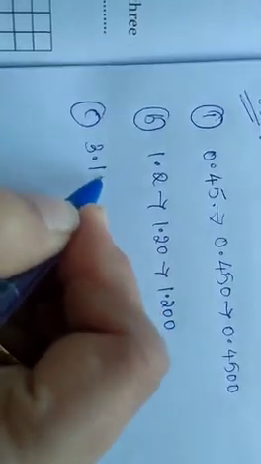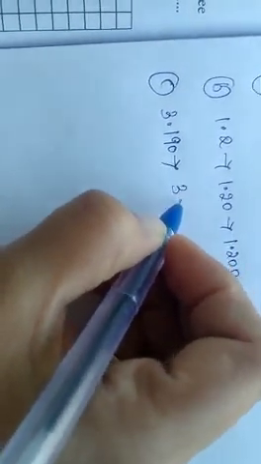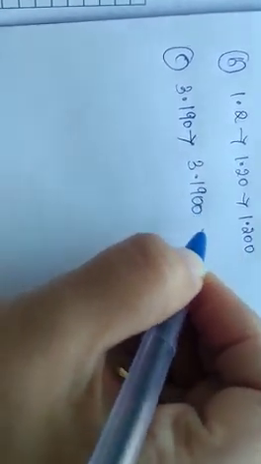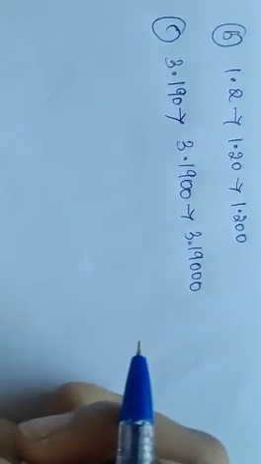Then 0.190, we have to just keep on adding 0, so it will be 0.1900 and 0.19000. So these are equivalent decimals.